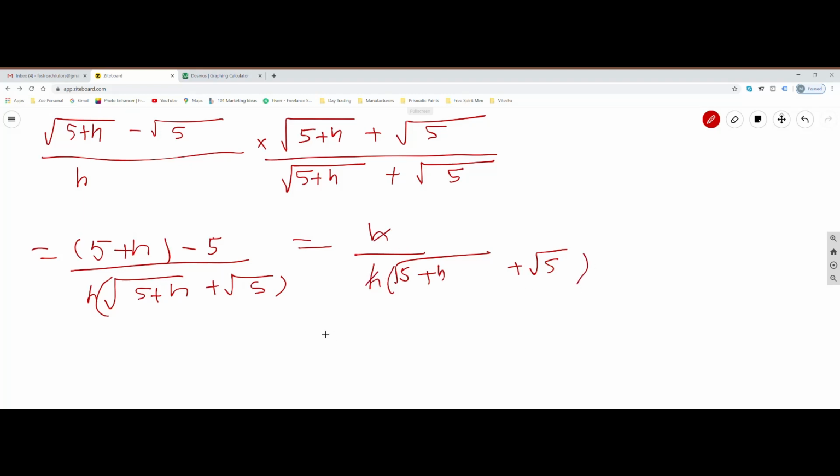The h's cancel, and you're left with 1 over square root of 5 plus h plus square root of 5.